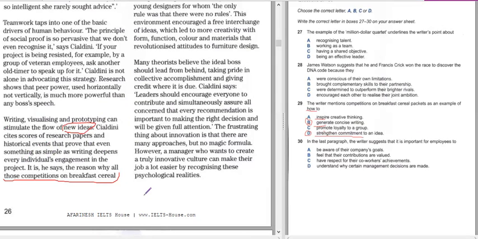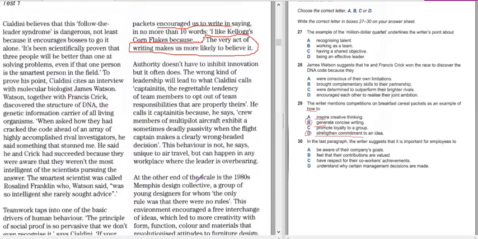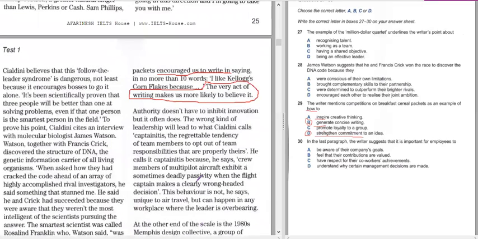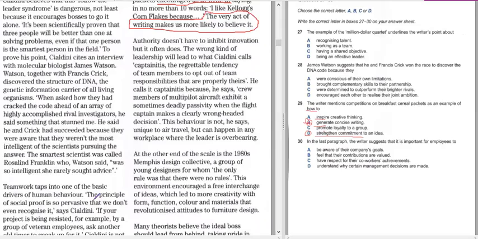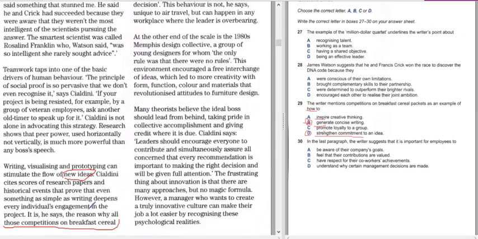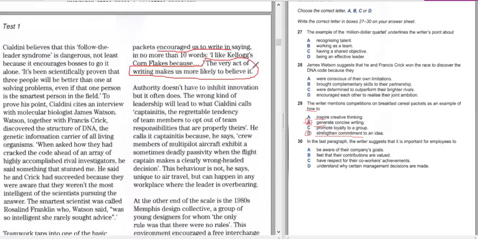He says, the reason why all those competitions on breakfast cereal packets encouraged us to write in, saying in no more than 10 words, I like Kellogg's this because the very act of writing makes us more likely to believe it. So yeah, I'll go with D. I don't know if I can be wrong. It started with an idea and then it is talking about the very act of writing making us more likely to believe in that idea. So I'll go with D.